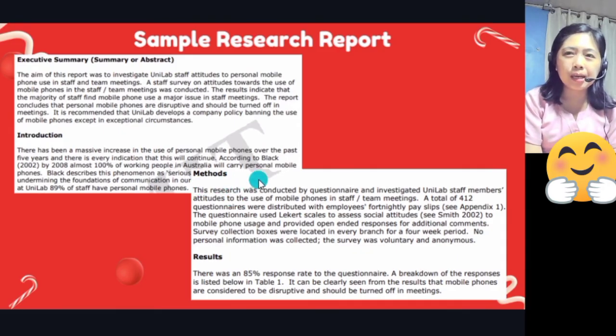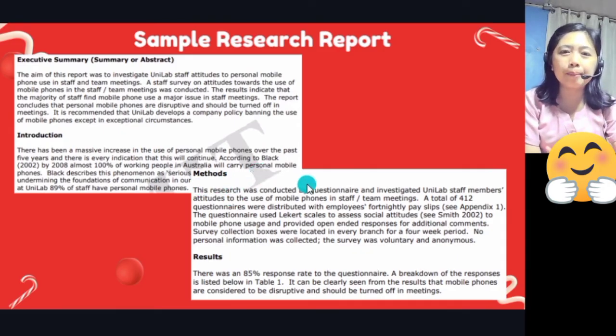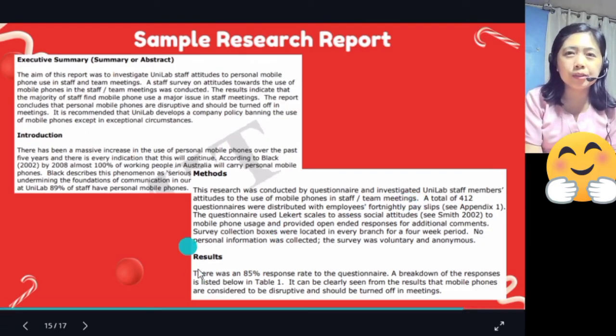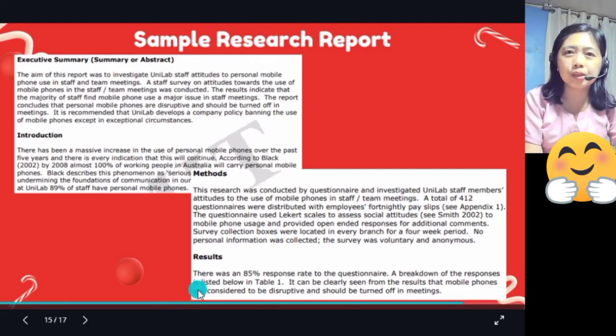Methods: unsa imong gigamit or giunsa nimo paggamit. This research was conducted by questionnaire and investigated Unilab members. So naghatag sila og questionnaire sa mga members.